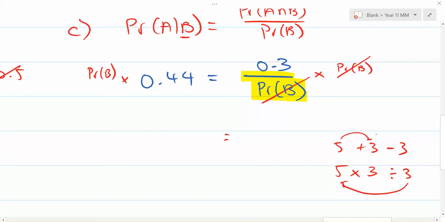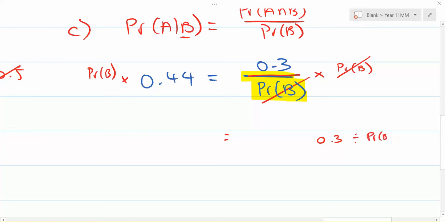So if you divide by probability of B and then times by probability of B, it will just cancel out. 0.3 divided by probability of B and then times by probability of B, you're just undoing each other. That's why it cancels out.